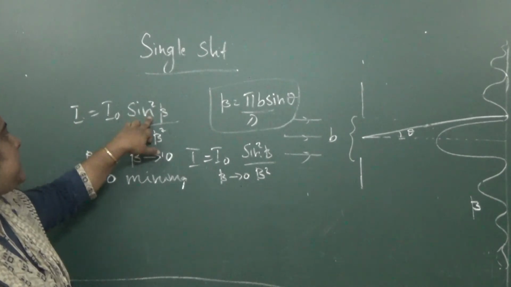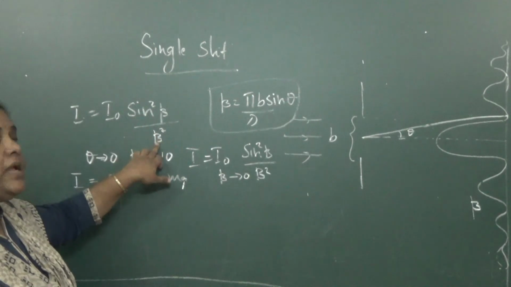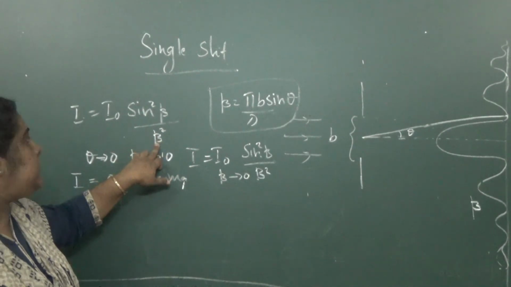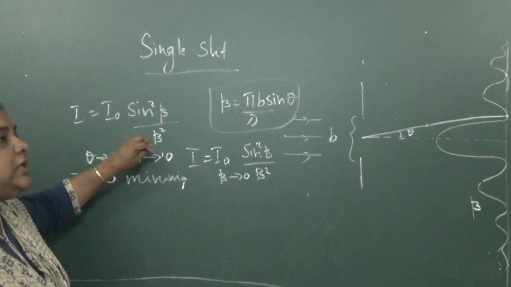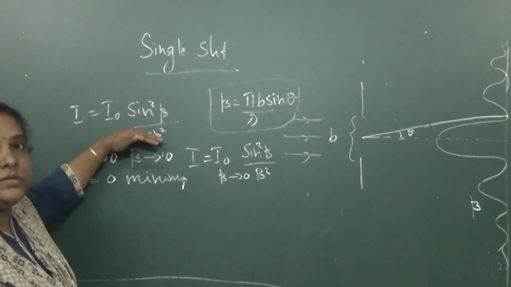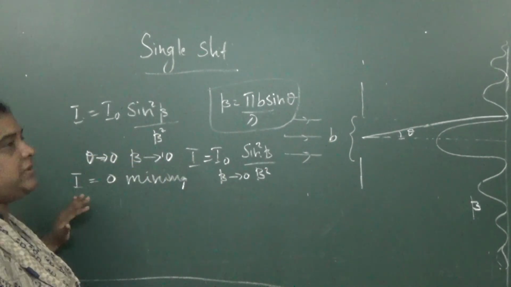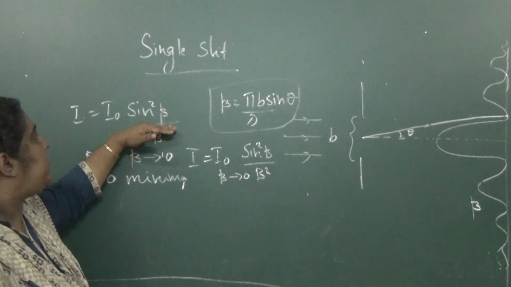When beta is equal to 0, sin 0 is 0, but beta is also equal to 0, so in the limit sin beta by beta is equal to 1. That is the condition for the central maxima.